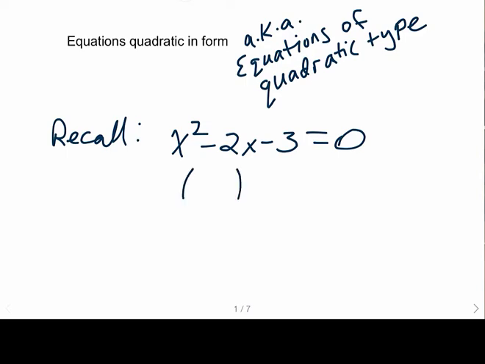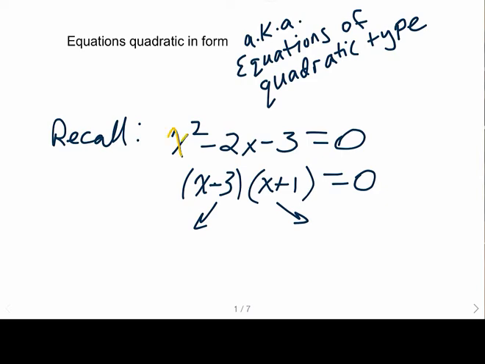We would factor this into a product of binomials, x minus 3 times x plus 1, and then set each of those factors equal to 0. We're going to be solving equations that don't look exactly like this, but have this form.